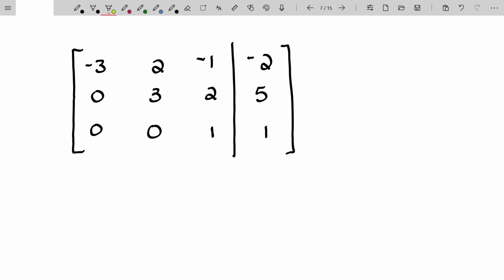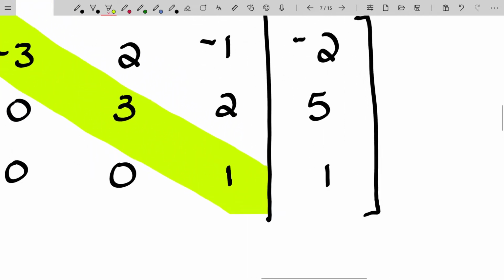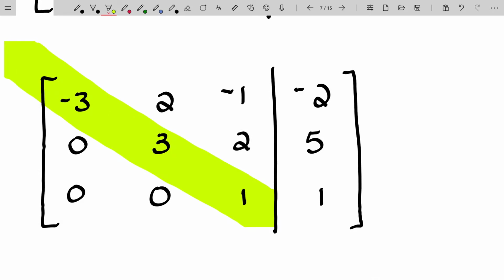What Jordan did was a little extra work. Having used the main diagonal to kill everything below, he then kept with the main diagonal and started killing everything above. But instead of starting at the top element, he started with the bottom diagonal element and killed everything above, and then worked his way backwards.